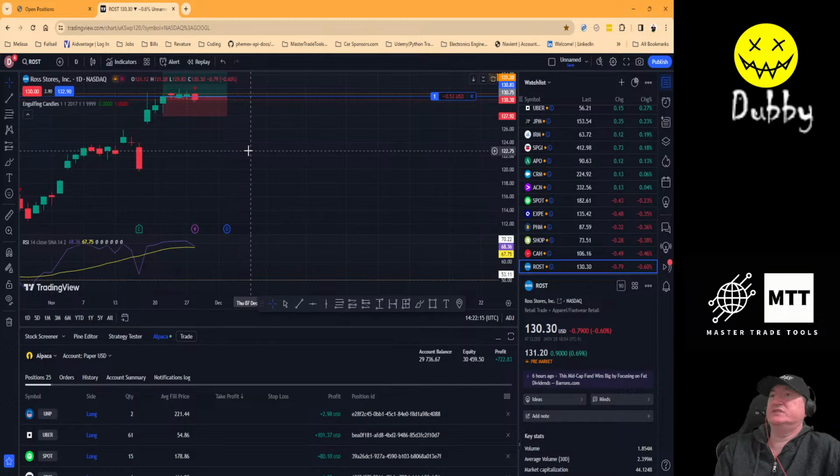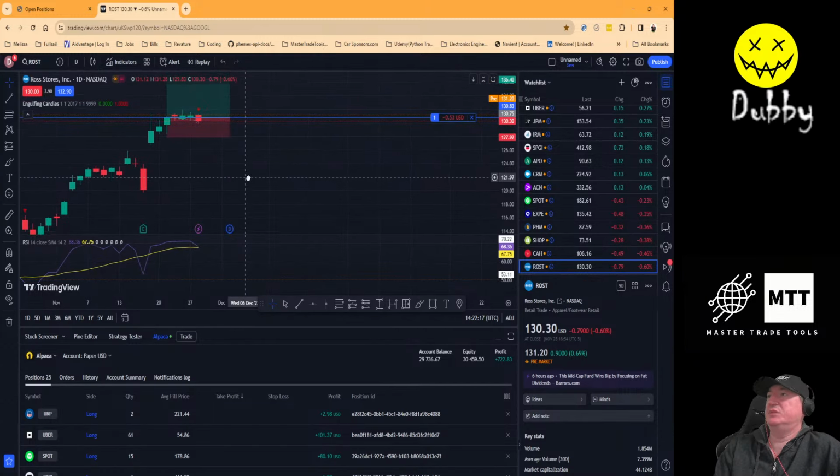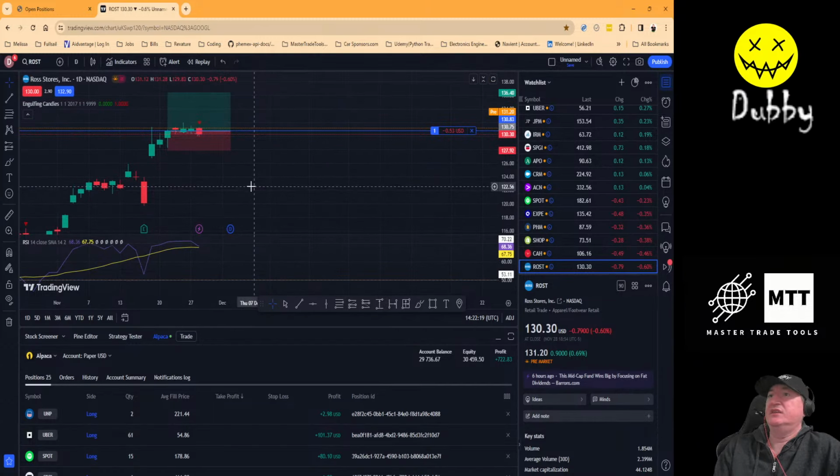Ross Stores, looks like we've got a little bit of pre-market movement as well. That's gotten us into, well, it says that it's gotten us to our, it shows in the green, but it's showing a current unrealized of 0.53, so basically 53 cents.